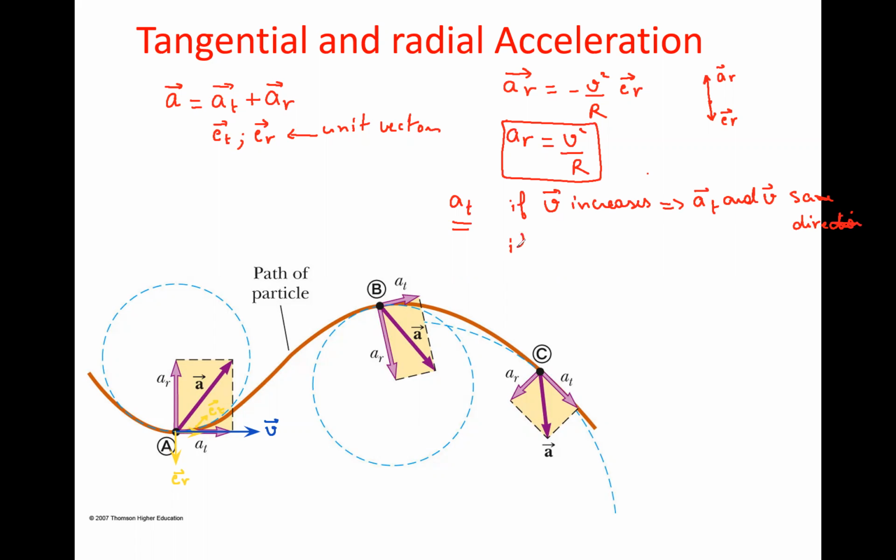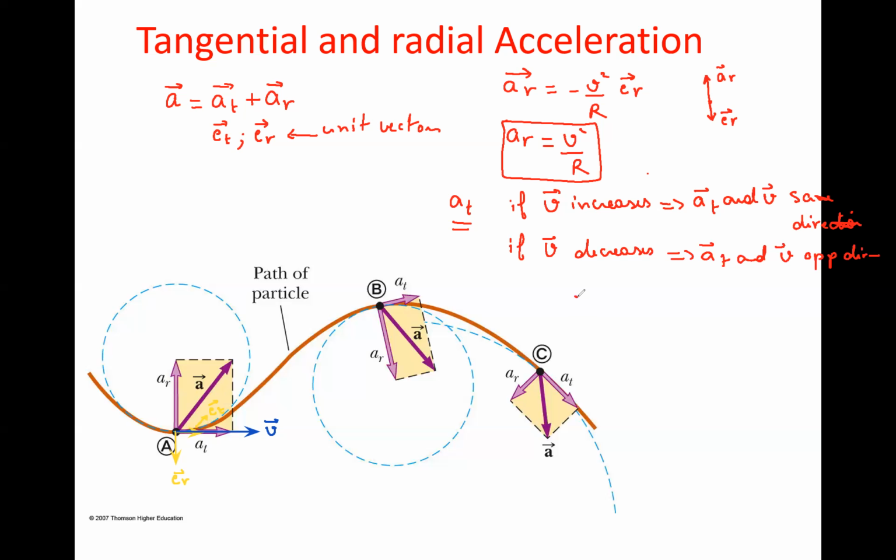If v decreases, so AT and v have opposite directions. Here we take the case where v increases. So AT and v have the same direction. AT and v have the same direction in all these points.